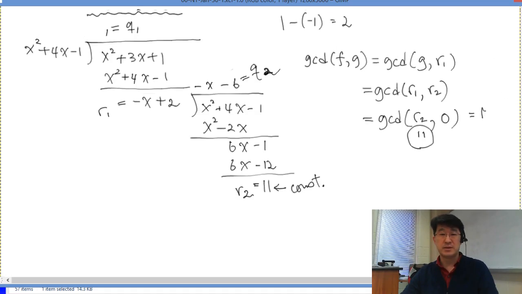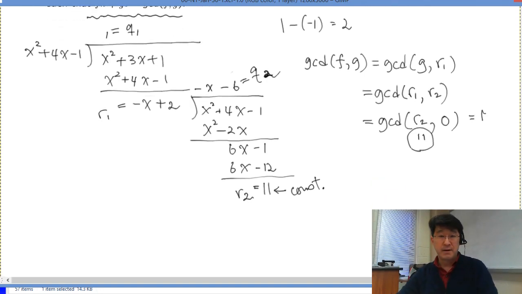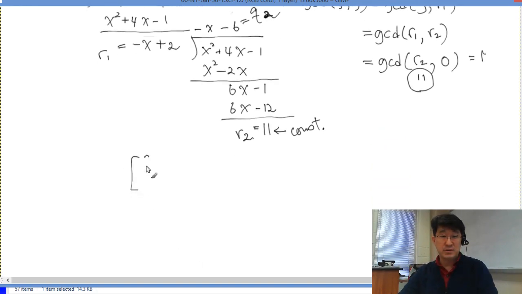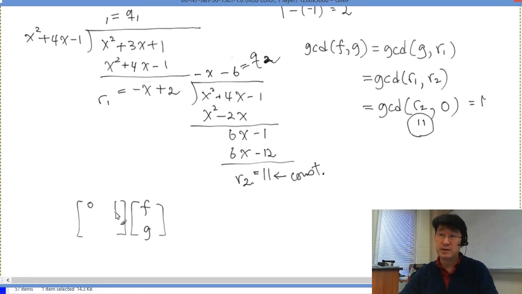All right. That's that, but we can't change that 11 to 1. You have to look at this chart, Q1 and R1 and Q2 and R2, exactly as it is, and you enter the matrix version. Can you enter the matrix version? Start from F and G, right? F and G are the degree 2 polynomials. What is the first matrix we have to multiply here? 0, 1, right? 1, and what is the other one? Negative 1, that Q1 in there.